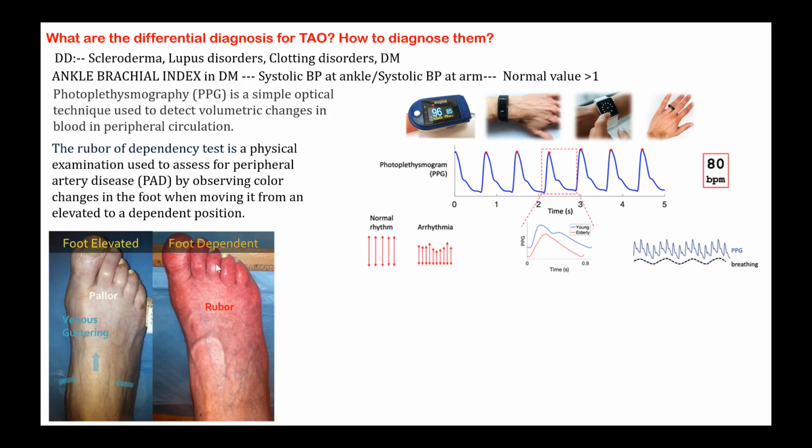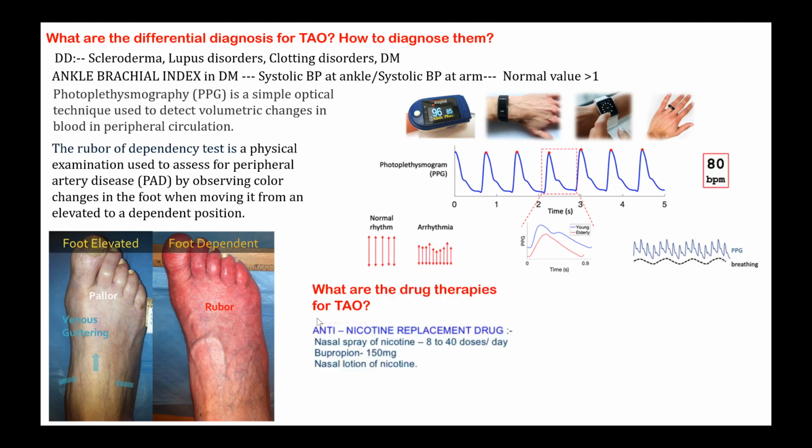Once you drop the foot, the dependent foot becomes highly vascular, rubor, and veins become dilated. So this is a very simple test by which you can identify the presence of PAOD, which is called Buerger's dependency test or physical examination.